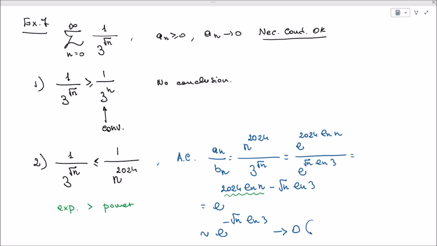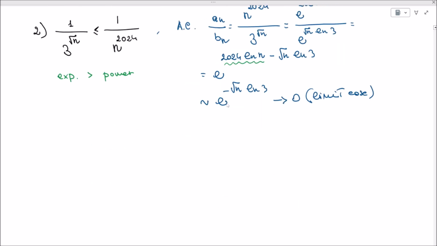So we are back into one of those limit cases of the criterion for asymptotic comparison. But what that means is that basically an over bn will become less than or equal to 1 definitively, right? So this will be definitively less than or equal to 1, which implies that an will become less than or equal to bn, which implies that the sum of an will be less than or equal to the sum of bn.